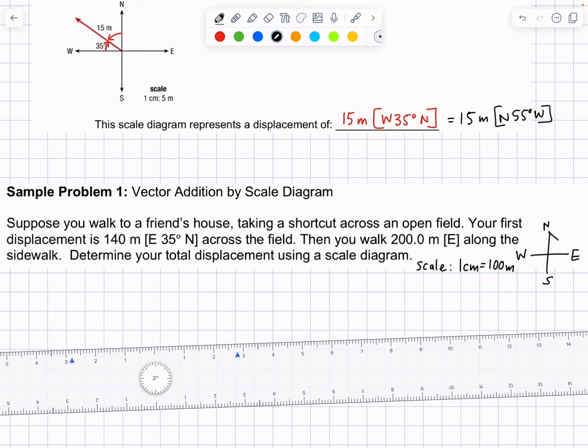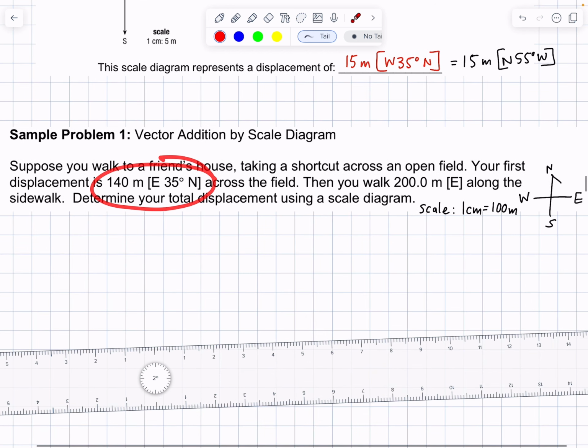So let's start by drawing our first vector, 140 meters, 35 degrees north of east. And I'm going to decide where I want to start my vector drawing. So I'm going to draw a little dashed line.